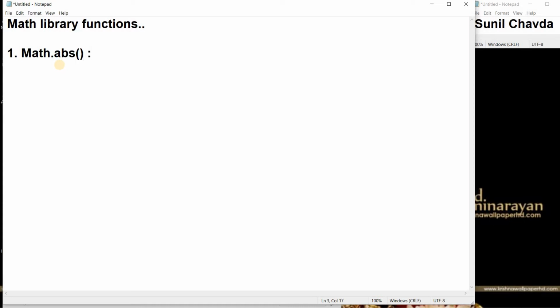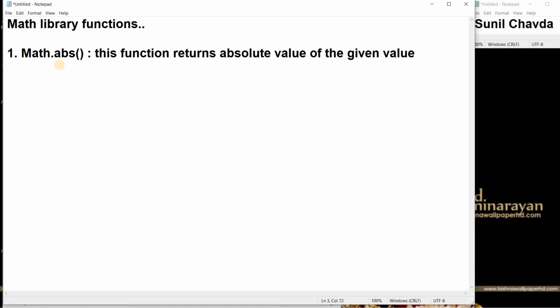What is the purpose of this function? This function returns the absolute value of the given value. Now what is absolute value? Absolute value simply means the number without sign.